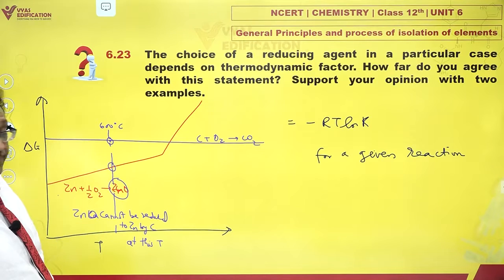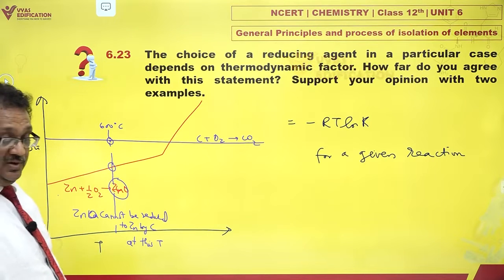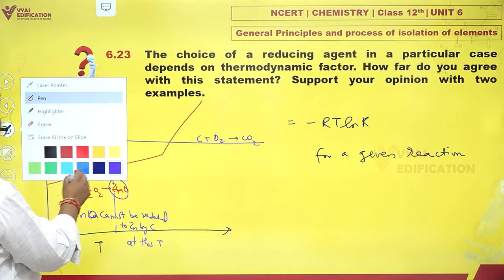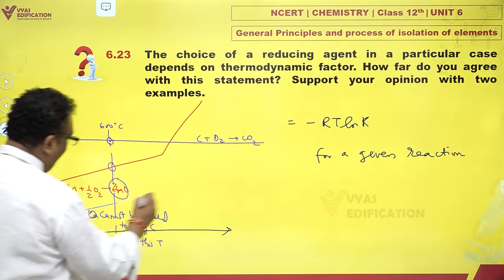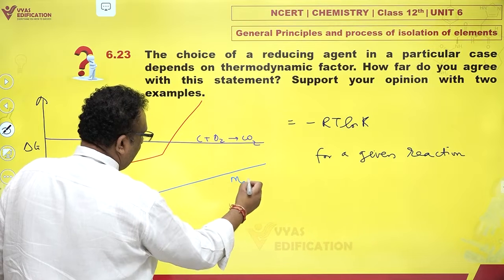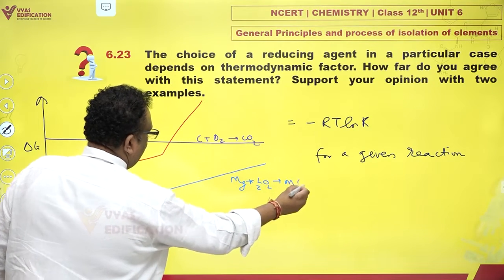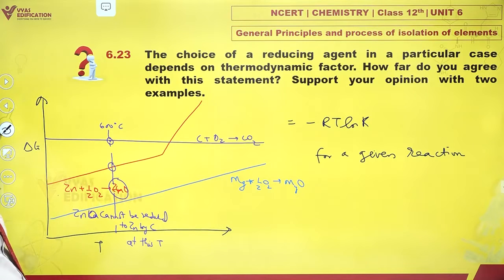Very interesting. And could there be any other metal? Yes, very much. For example, at the same temperature, the graph of magnesium happens to be below zinc.